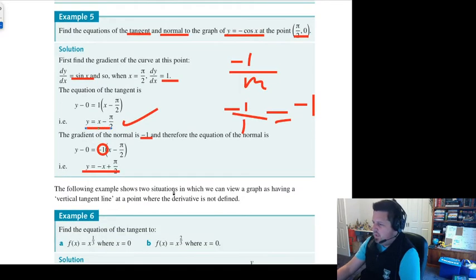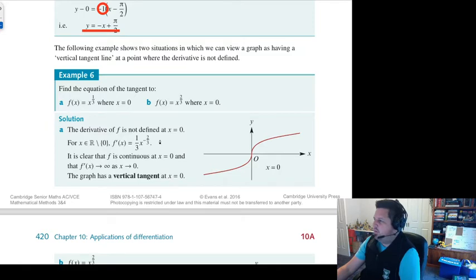There are two situations where we can view a graph as having what's called a vertical tangent, a tangent that goes straight up or down. It says here, find the equation of the tangent to this equation at x equals 0. If you think about sketching it, here's the equation, y equals x to the one over 3.